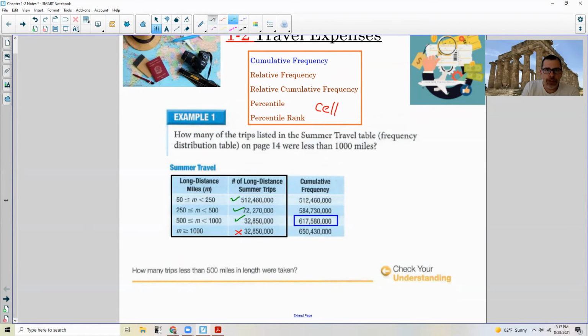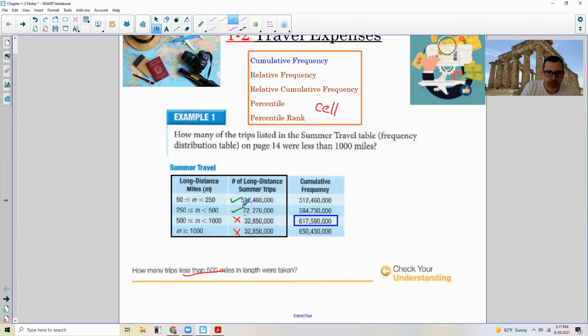Okay, so assuming that you've done that, this one says how many trips less than 500 miles in length were taken. So let me erase these. If we're going to be less than 500, well, more than 1,000 is not going to be part of the solution. This is less than 1,000, but it's 500 or greater, so I'm not going to use that because I want less than 500. And so here is my less than 500. It begins right here.